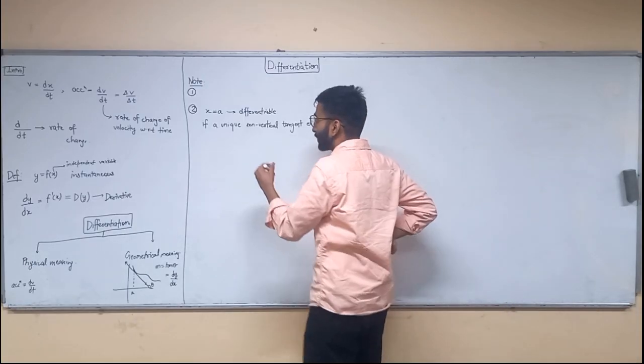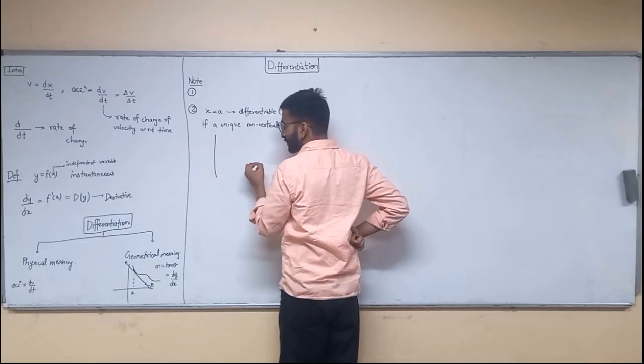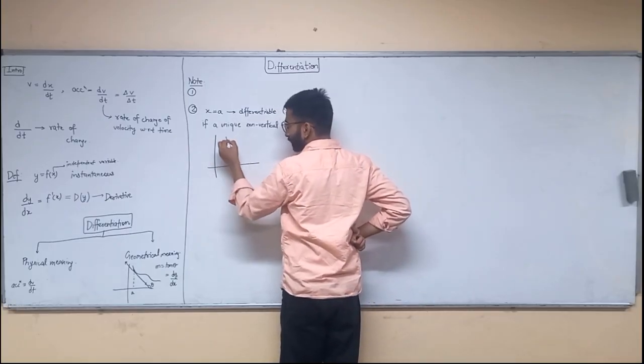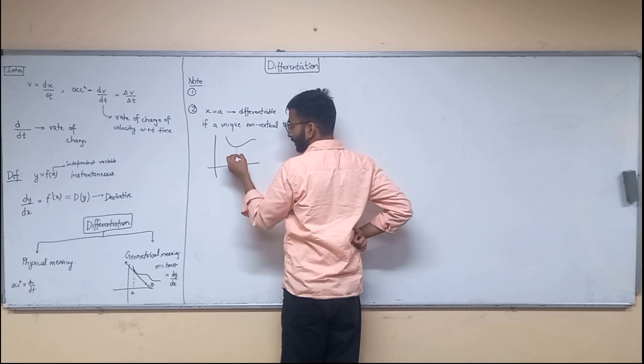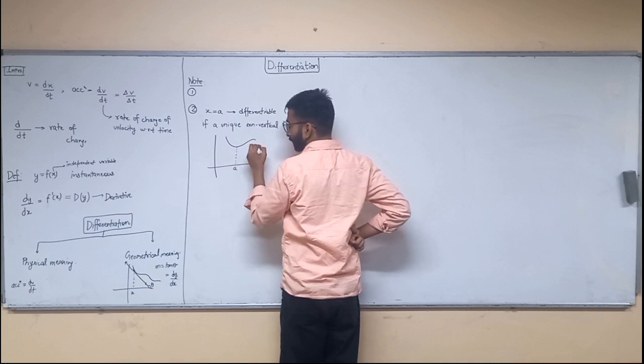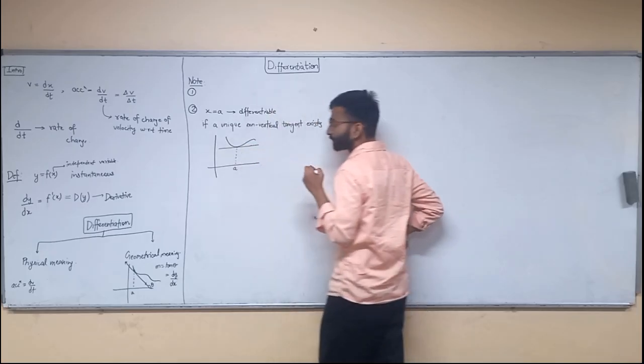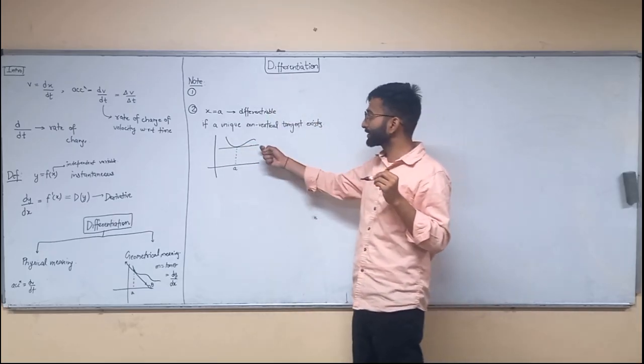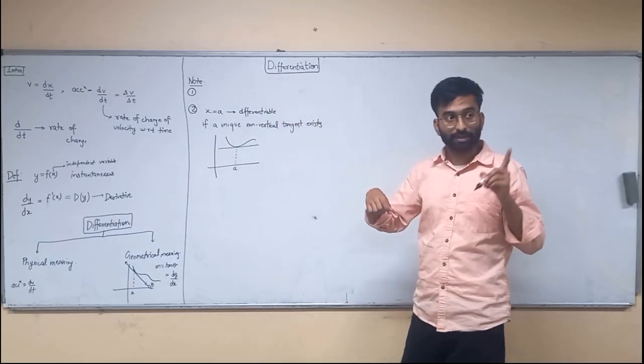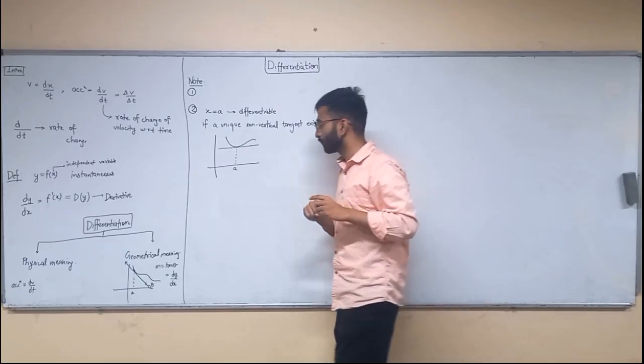What does that mean? Let us suppose there is a curve, and this is the x equal to a point, and I draw a tangent at this point. All right. What is the slope of this line? Yeah, the slope of the line is 0.